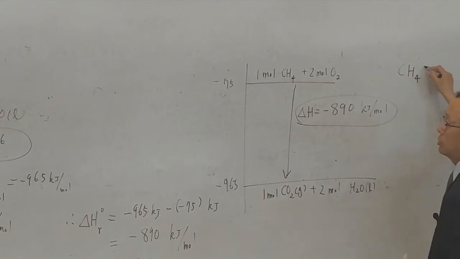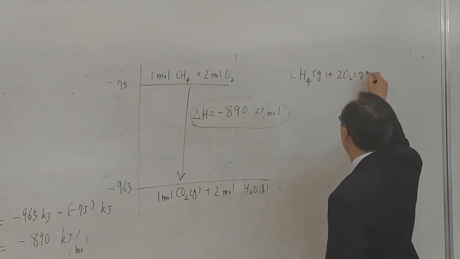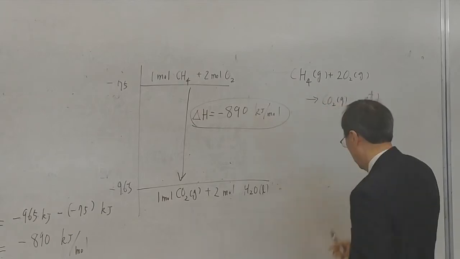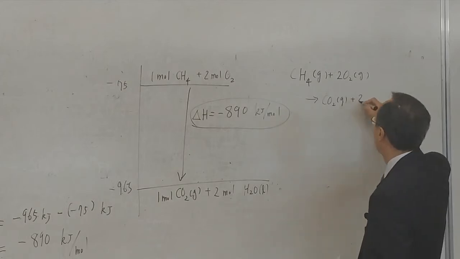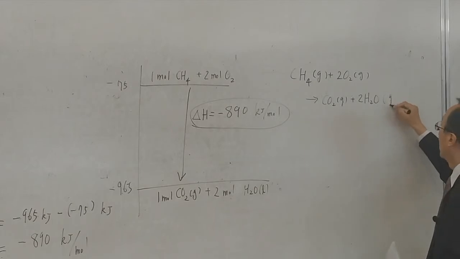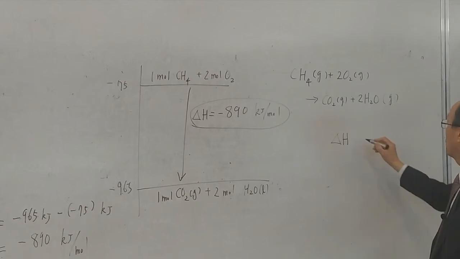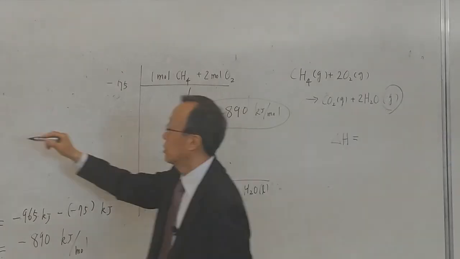How about this one? CH4, the same reaction, 2O2. The products are CO2 gas and H2O gas. This time, delta H equals, what do you expect? This is gas state. That was liquid state.